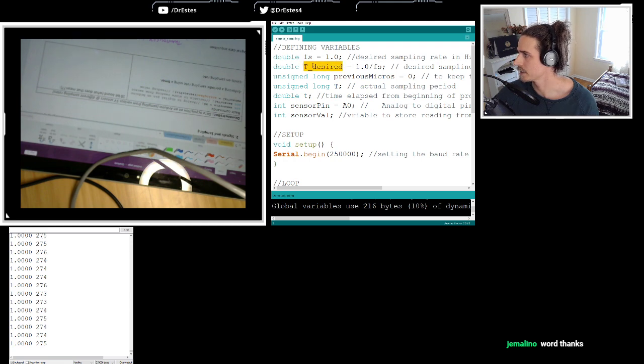That means that my desired sampling period is 1 divided by that. And this is the pin on the Arduino, analog 0, where I'm reading this axis from the accelerometer. And then this is going to be stored in a variable which I call sensor value.